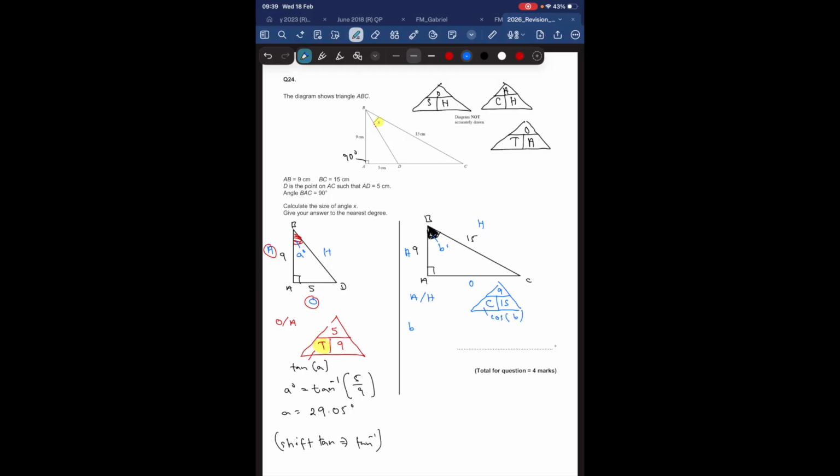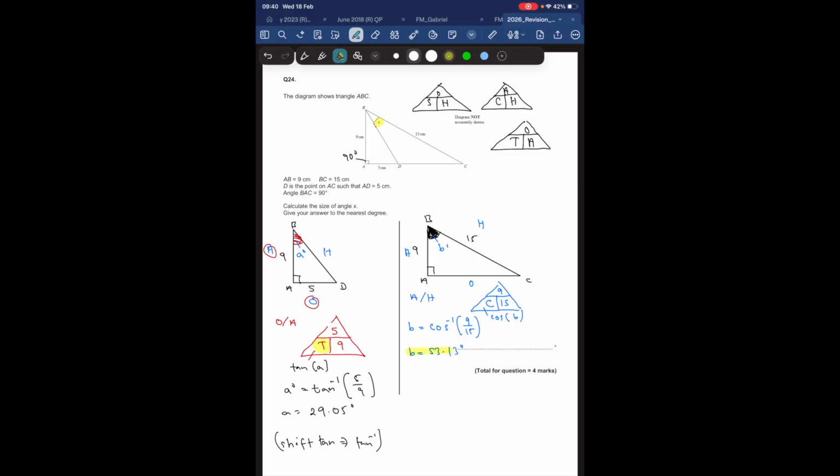So to get the angle, we do cos to the -1, open a bracket, 9/15. So shift cos, 9 divided by 15, will give you 53.13 degrees. Again, I'm putting the angle to 2 decimal places.